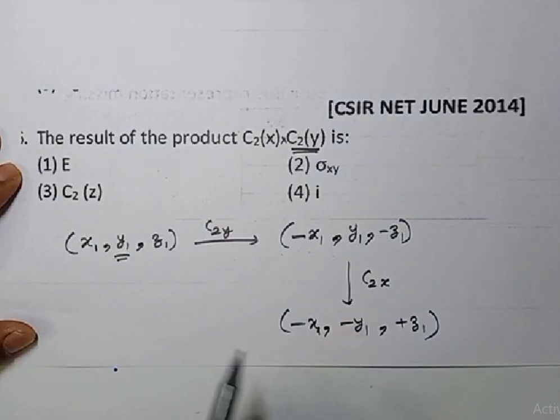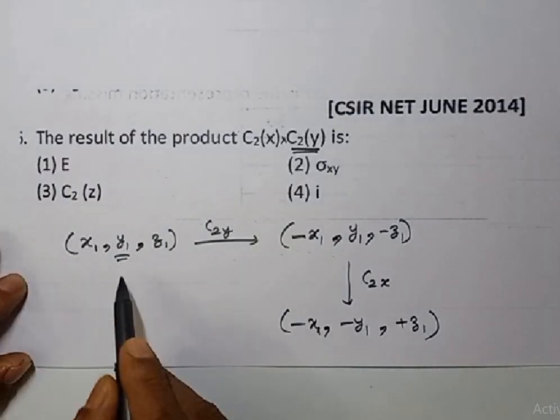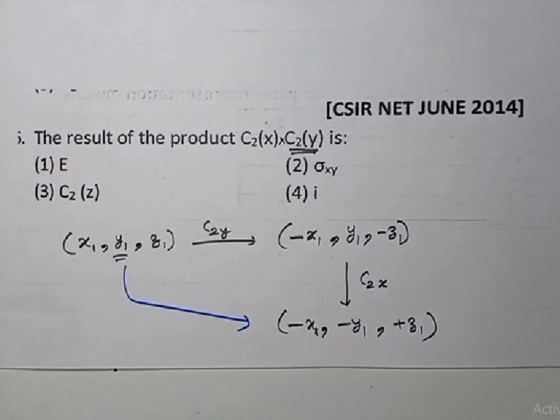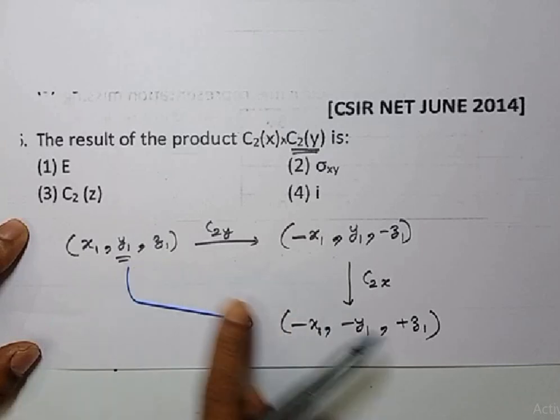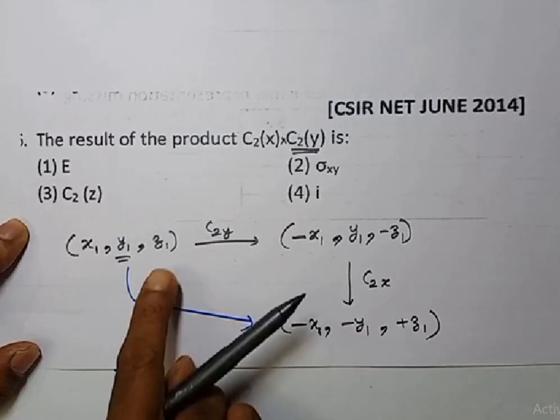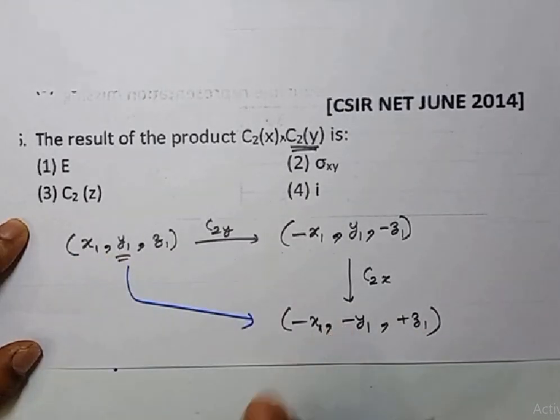Now what should I do to get this directly? Can anyone tell me which C2 operation I have to perform? Yes, very good. If you analyze these points, z1 remains as such, plus z1. The signs of x1 and y1 change.